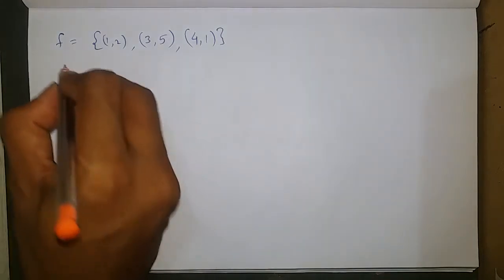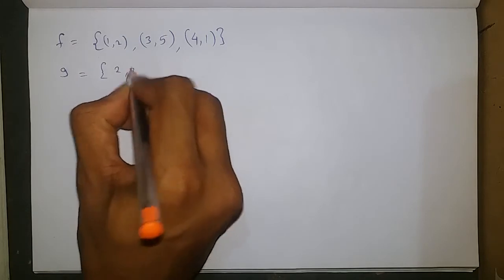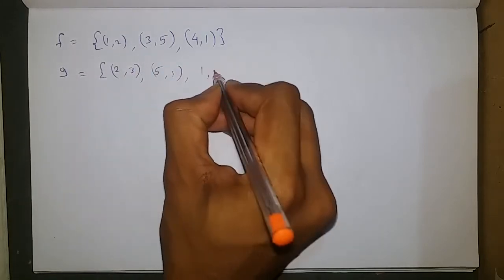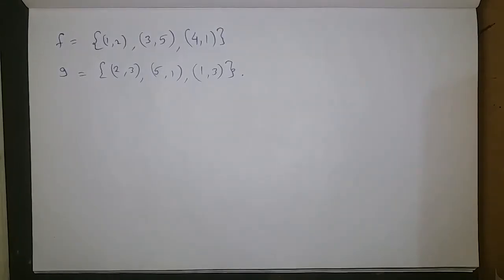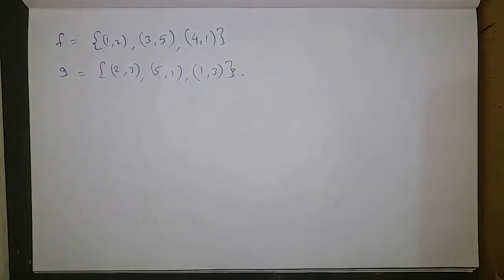Next, one more, g is (2, 3), (5, 1) and (1, 3) ordered pairs. So the previous problem we did for f of g or g of f, there the functions are linear, but here we have ordered pairs. So how to solve these kind of ordered pairs now?